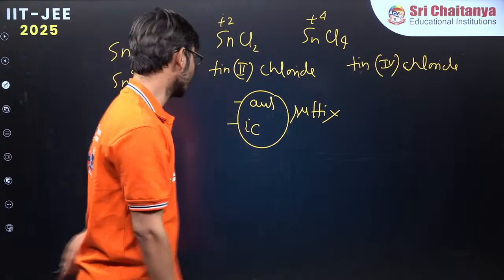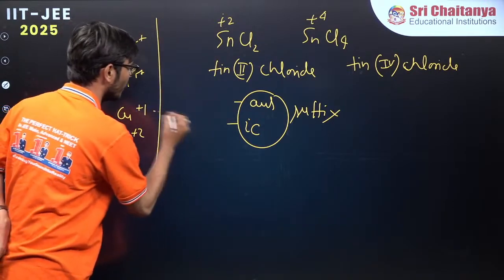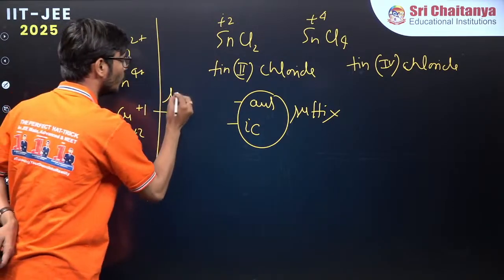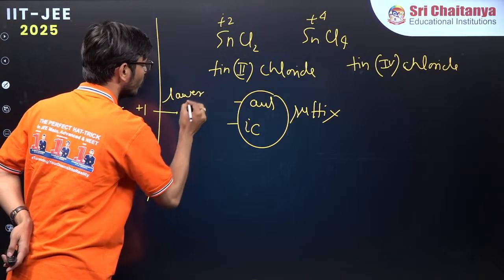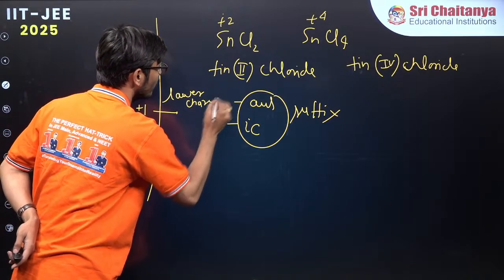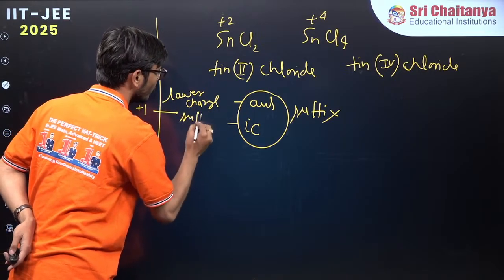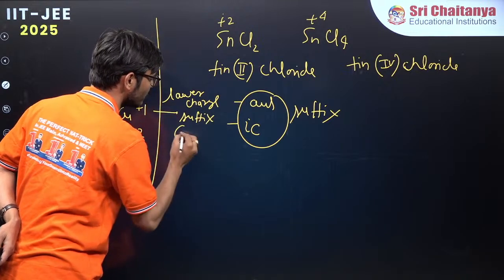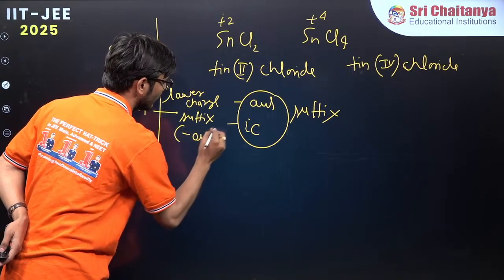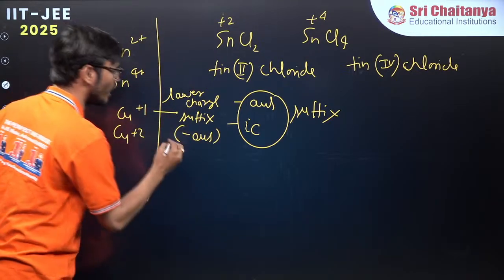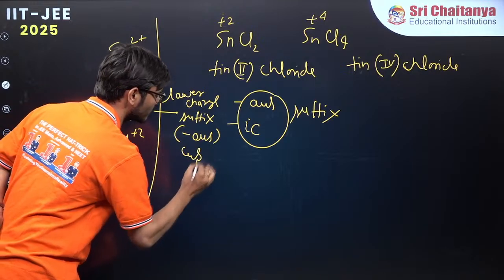Just 2 more minutes, guys. So Cu+1, lower charge, suffix is ous. That means for Cu+1, you are going to write cuprous.